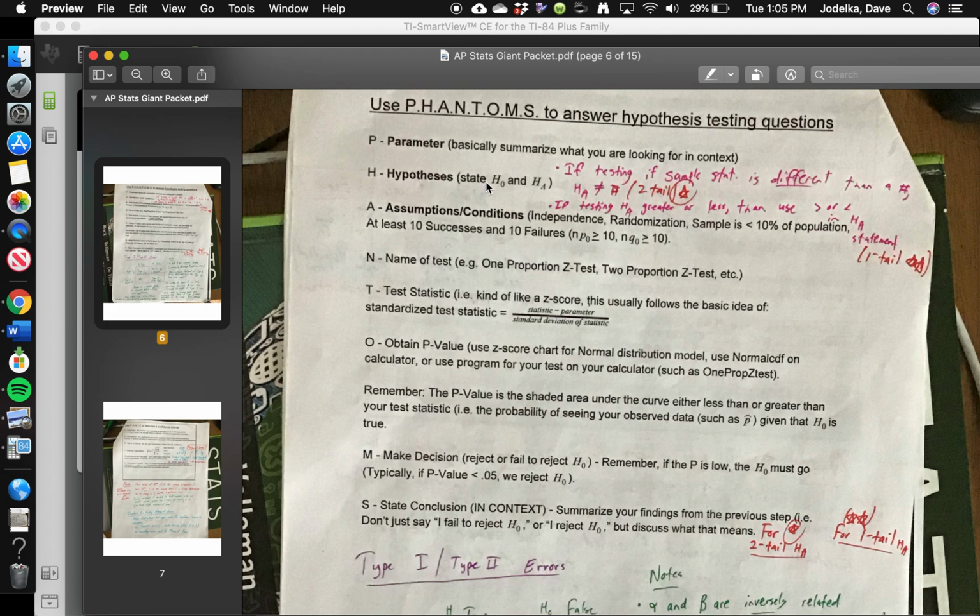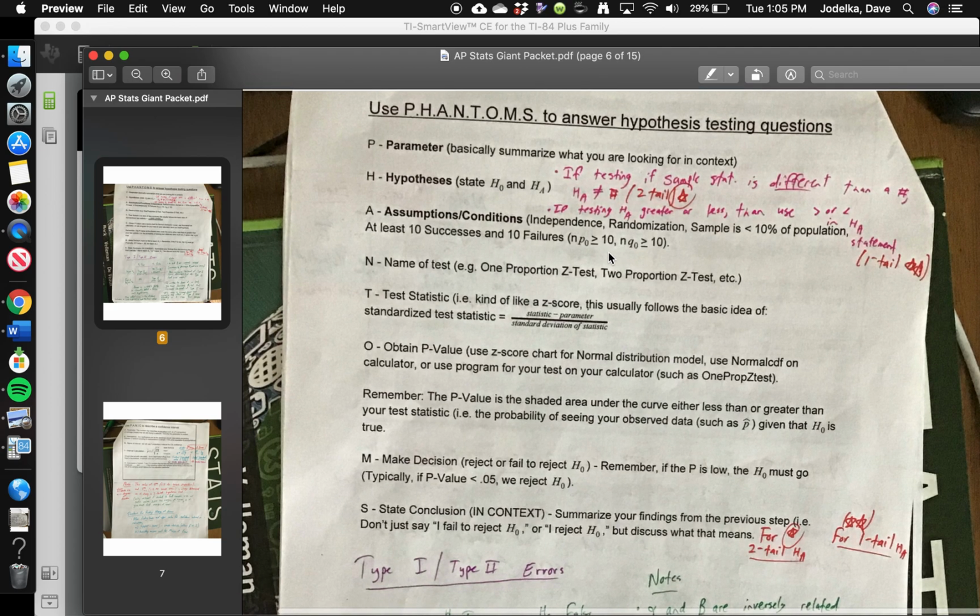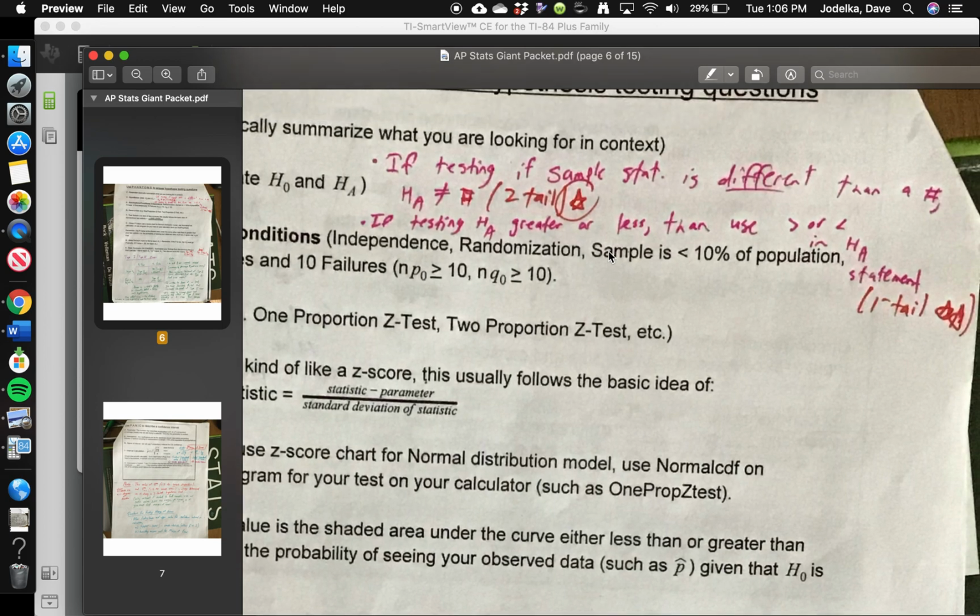You always state an H naught, or null hypothesis, and an alternative, H sub A. Now remember, if you're trying to prove that your sample is different than something, that's when you'd write your alternative as not equal to some number. That means you're going to be doing a two-tailed hypothesis test. If you're testing whether the alternative is greater than or less than a number, you'd use the greater than or less than sign, and that's a one-tailed test, which we'll get into in a second.